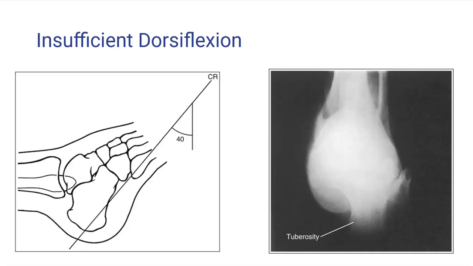Again, in this case, we may have to adjust or critically think on how to better achieve this image. You have two options here. You could repeat this image utilizing positioning aids to get that foot more vertical, or you could position the patient for an axial dorsoplantar projection.